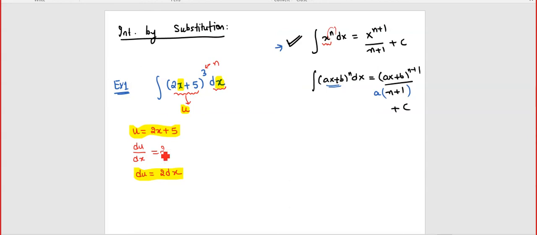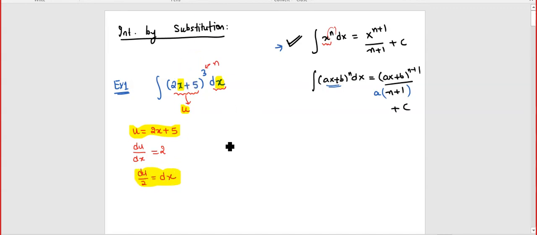Instead of du we get the value of dx: du over 2 is equal to dx. Okay, so that we can replace it here in this term.